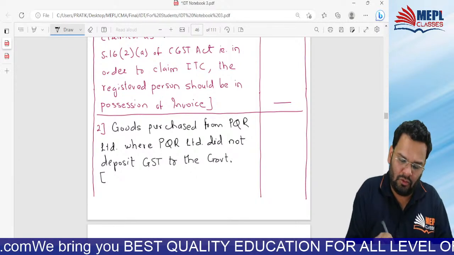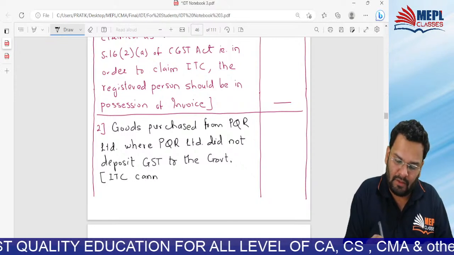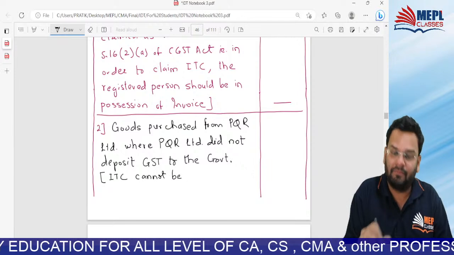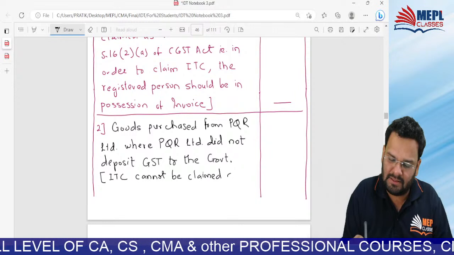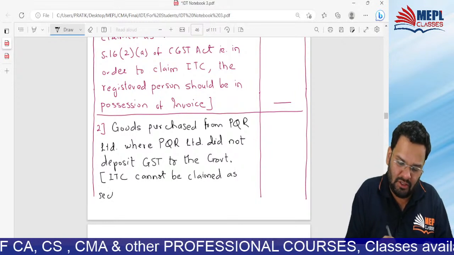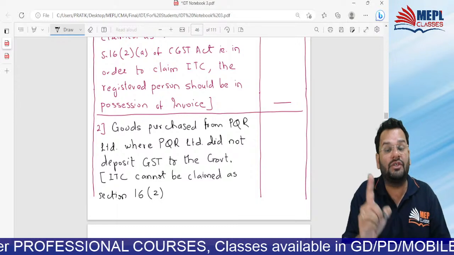Agreed? So just mention here, ITC cannot be claimed as section 16 subsection 2, which clause?